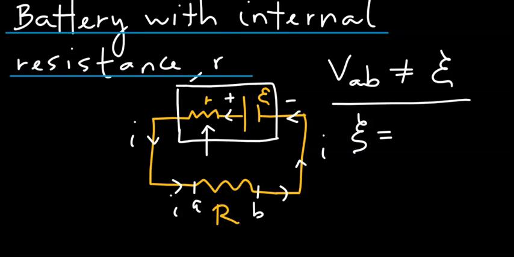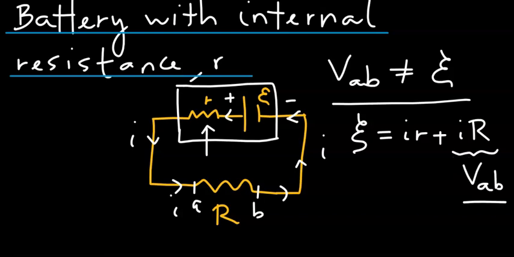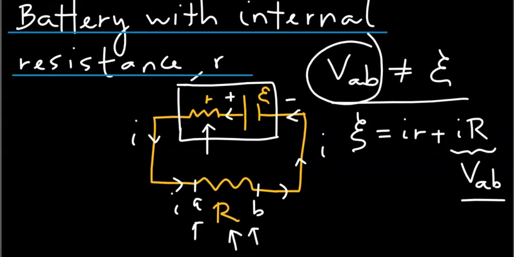The voltage across the first resistor is quite simply I times little r, and the voltage across the second resistor is I times capital R. I times capital R is indeed VAB, namely the voltage across the resistor capital R between points A and B. By slightly rearranging that equation, we see that VAB is quite simply the EMF minus Ir.